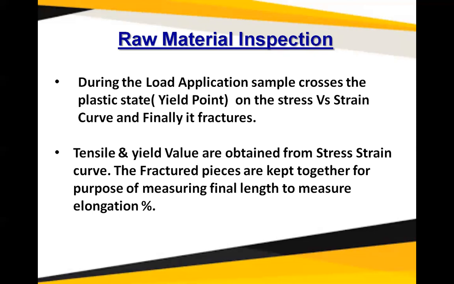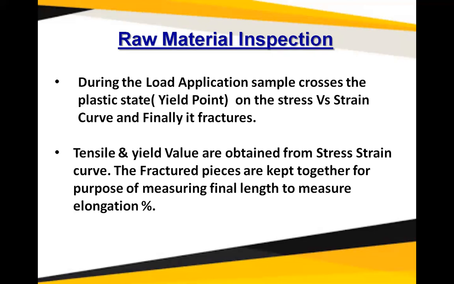When you pull the sample from the upper and lower jaws, at the yield point the micrometer will move downward, meaning the length will decrease. We consider that as the yield point of that material. Nowadays this is not required, because computerized machines are there, and you can easily find out the yield strength and tensile strength from the graph.